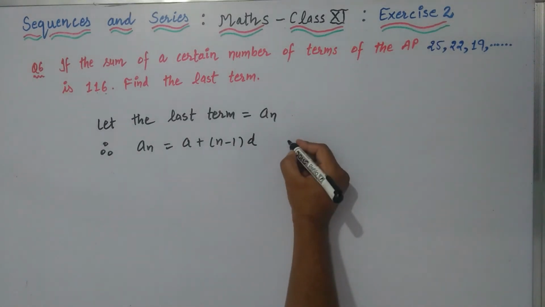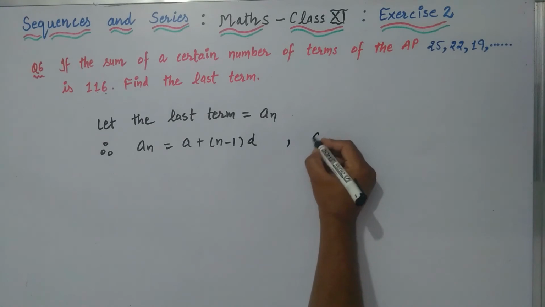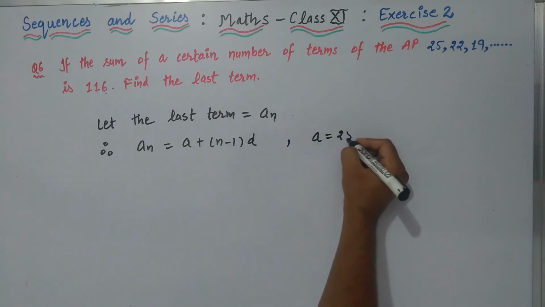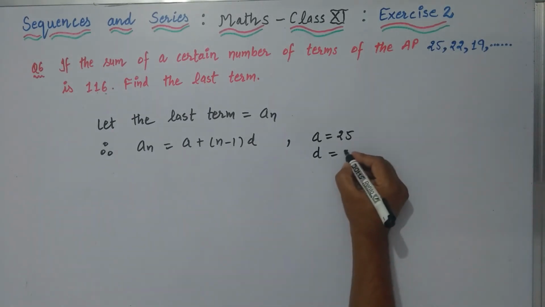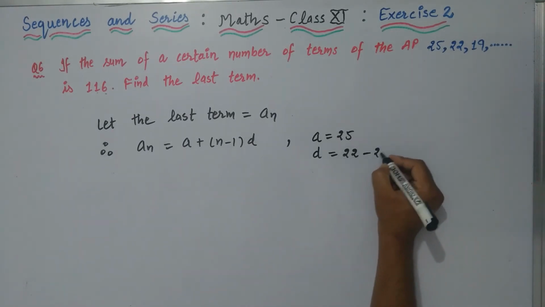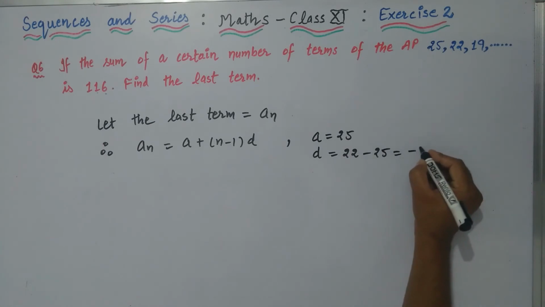Now here, what is a? a is equal to 25. And what is d? d is equal to 22 minus 25, which is equal to minus 3.